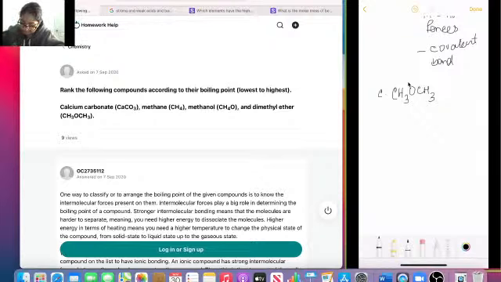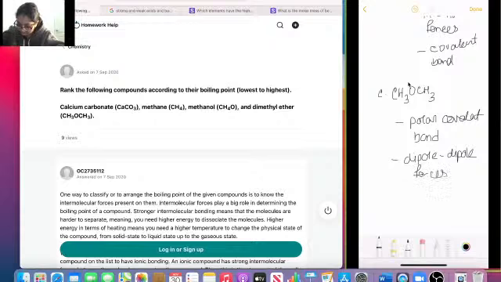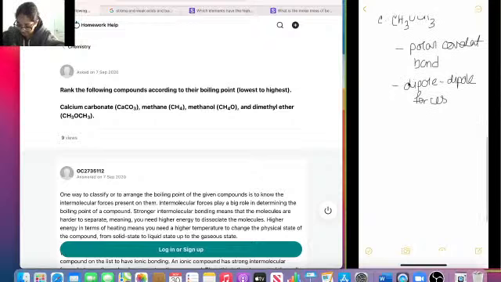So basically a polar covalent bond. This is not an ionic compound, and so you can say it has dipole-dipole forces, intermolecular forces. If you compare this with your hydrogen bond for methanol, dipole-dipole forces are relatively weak.